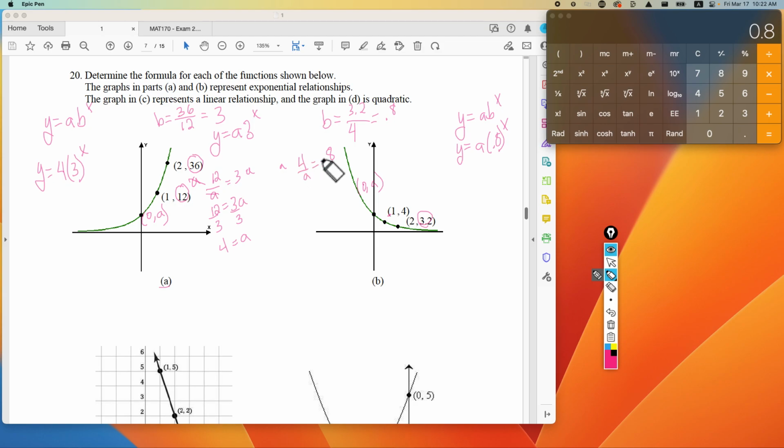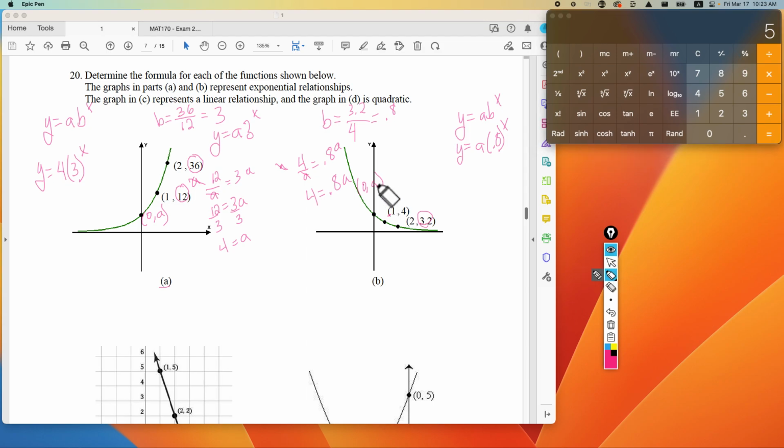So again, we multiply both sides by a, and we get a divided by a is 1. 4 equals 0.8a. And then we're going to take 4 divided by 0.8. And we'll actually get a larger number, because when you're dividing by a decimal less than 1, you get a larger number.